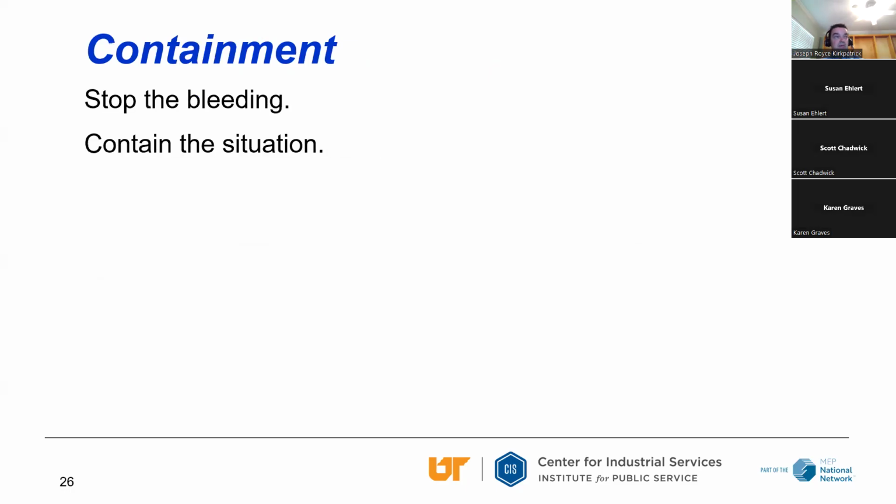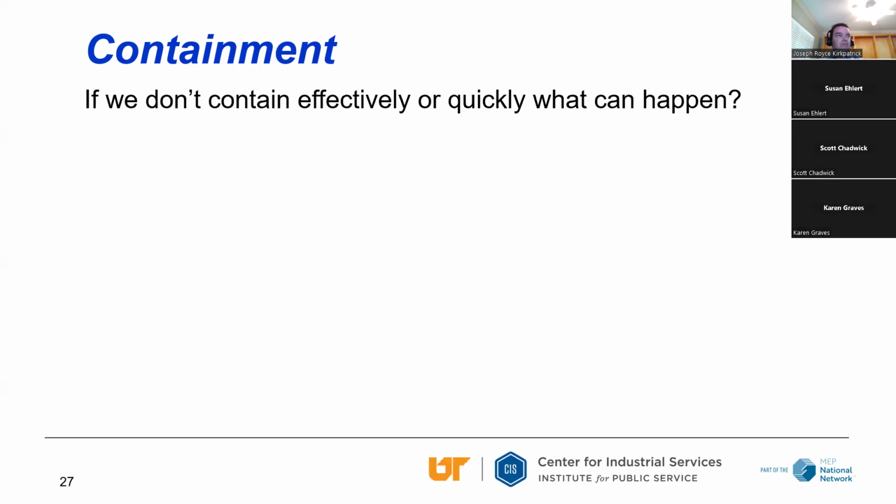Containment. Containment should include stopping the bleeding, containing the situation. And timeliness is of the essence. I've had situations in my past career where we didn't really contain the problem very well, and it cost us millions of dollars because the problem expanded so quickly because we didn't have our arms around it. If we don't contain it quickly, what can happen?